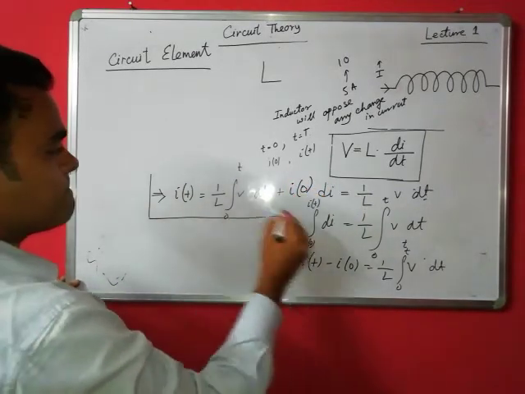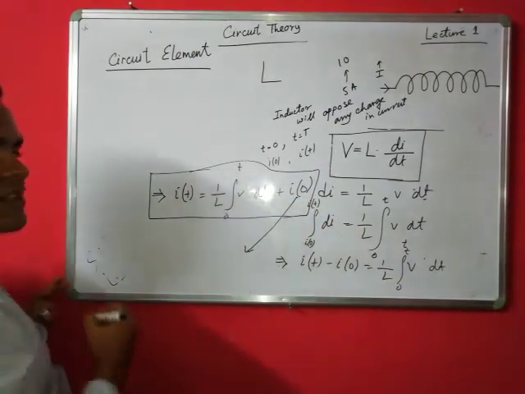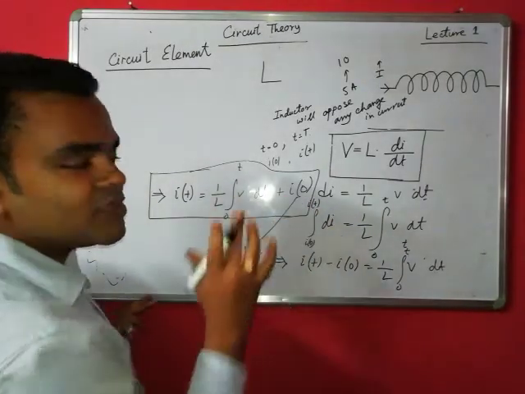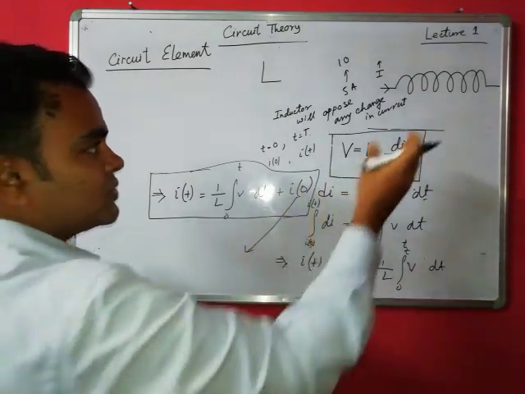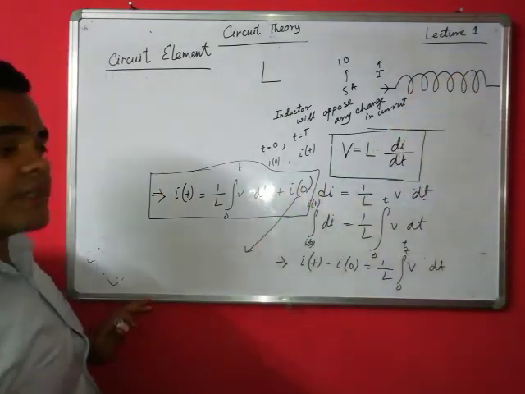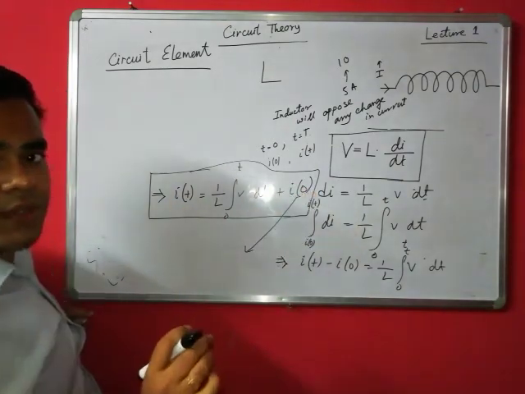Now this I0 is the initial current. This I0 is the initial current due to the property of the inductance. We can get an initial current, so we always have to look for that value.